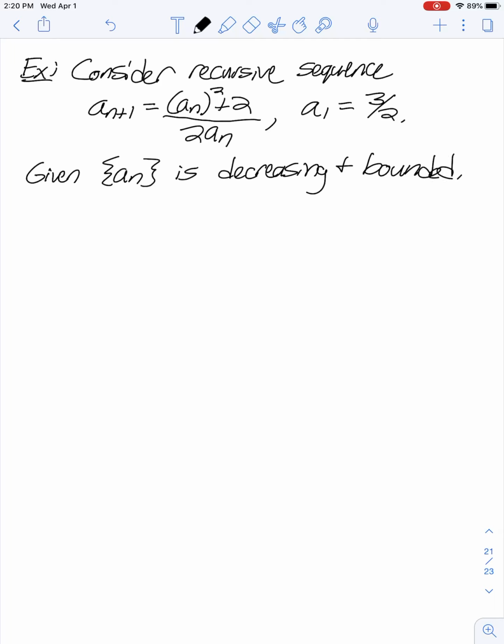And let's say that we are given this sequence a sub n is decreasing and bounded.